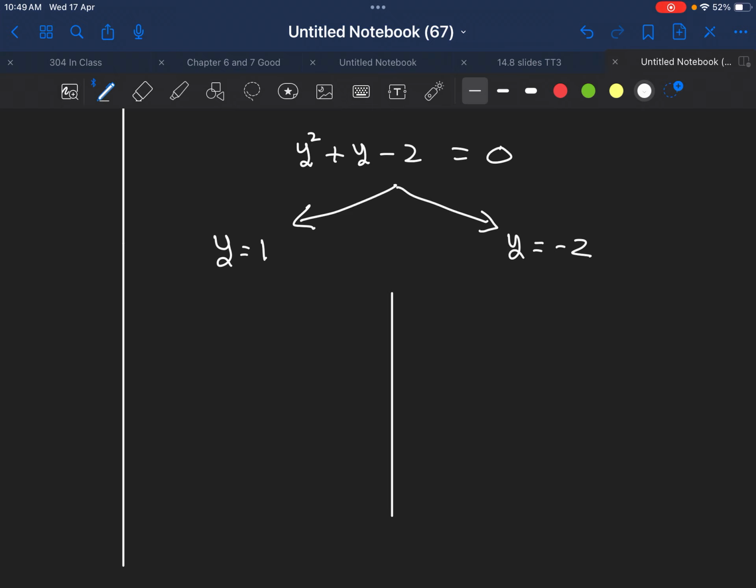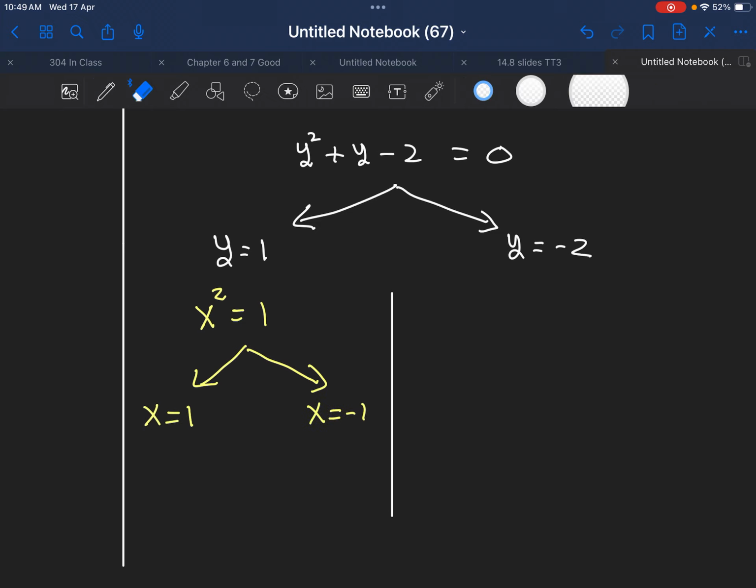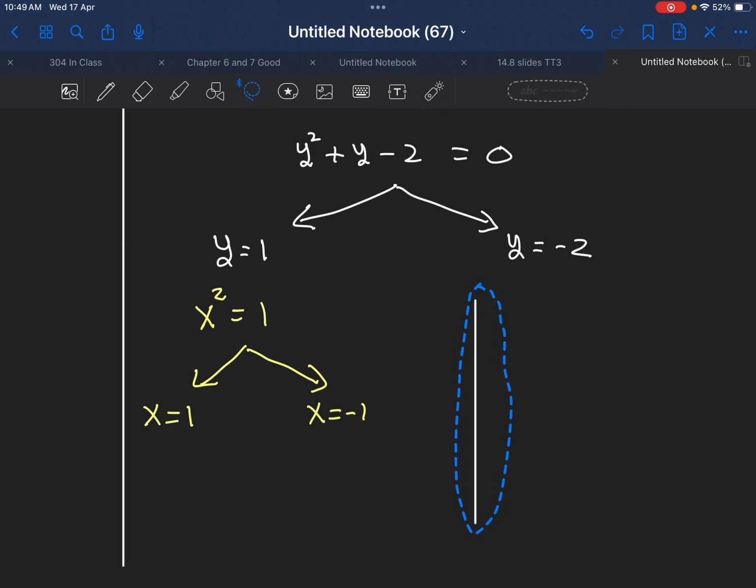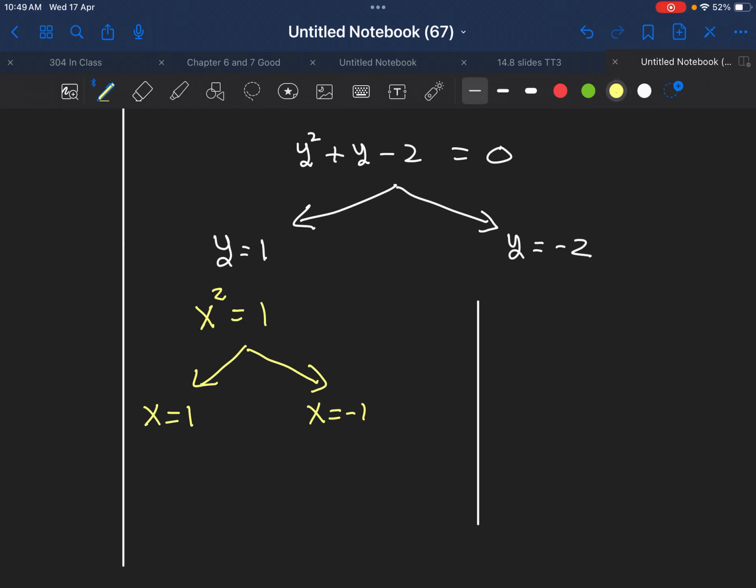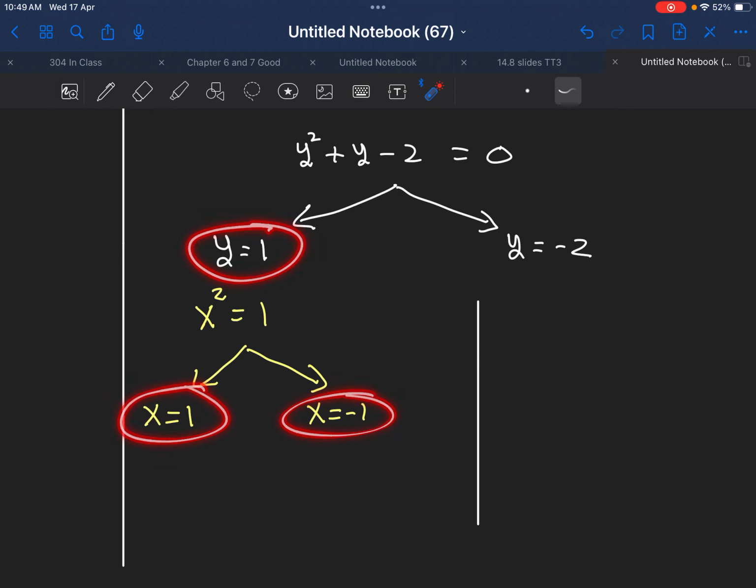Now, if y equal to 1, we know that y is the same as x squared. That means we have two values for x: either x equal to 1 or x equal to minus 1. So far, so good. We have very good news that we can find the values for x and y. The only values that we still need are the values for lambda, and that's what we will do next.